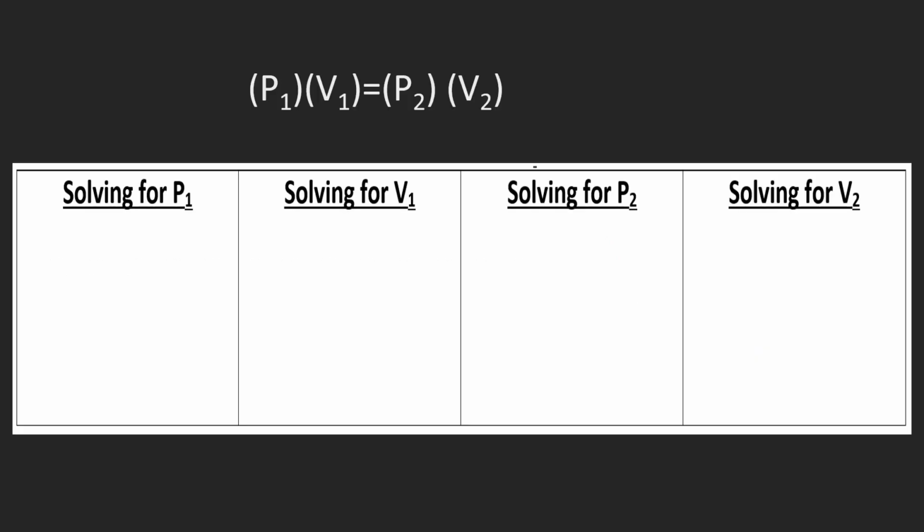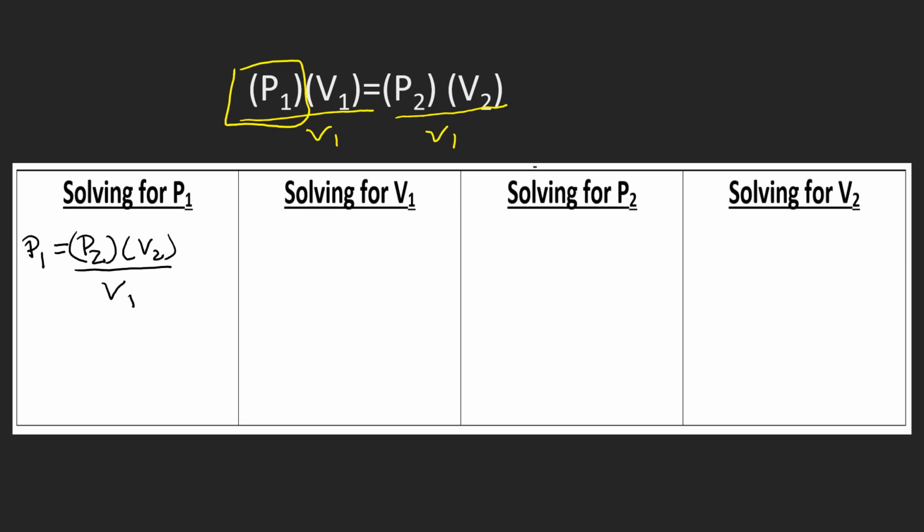Okay, so if we're going to try and solve for our starting pressure, then what we need to do in our equation is isolate our P1. And we do that by dividing both sides by V1, so that our equation becomes P1 equals P2 times V2 divided by V1.